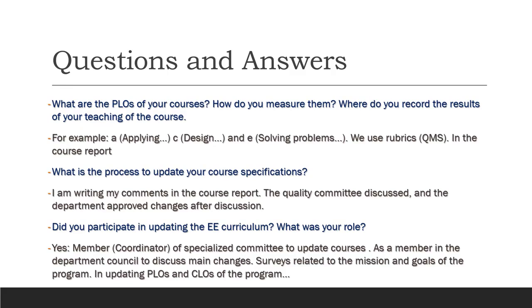For example, I have a learning outcome applying math or design, or E. This is also a program learning outcome about solving problems, and to evaluate we use rubrics, we use a quality management system, and of course our results and recommendations should be written in the course report.